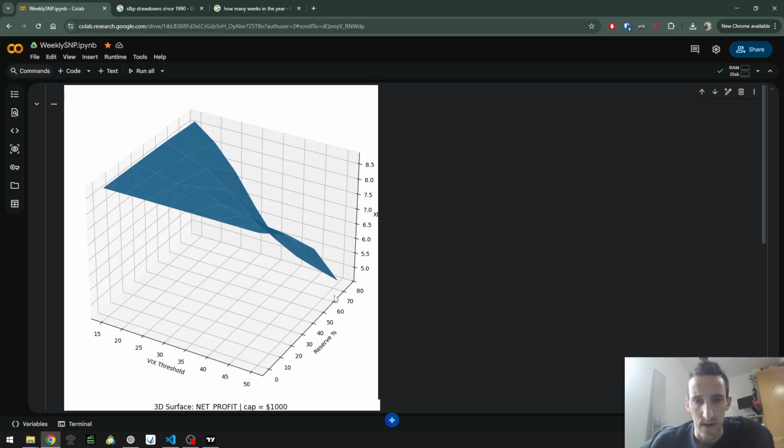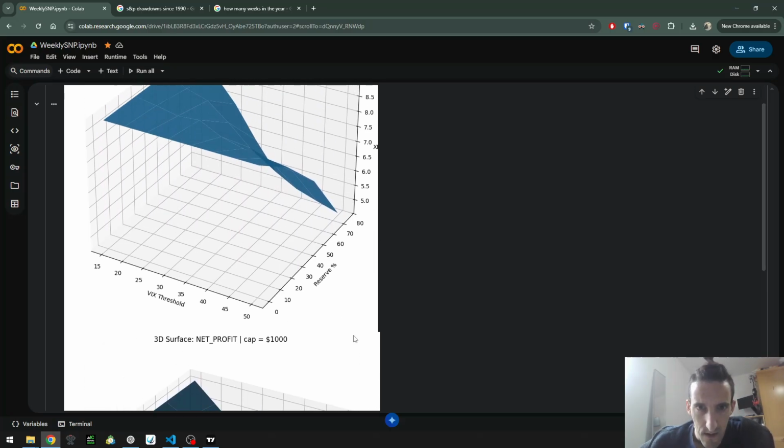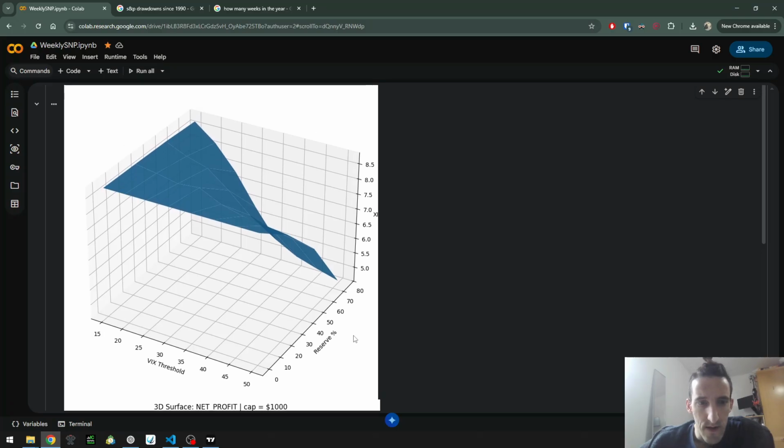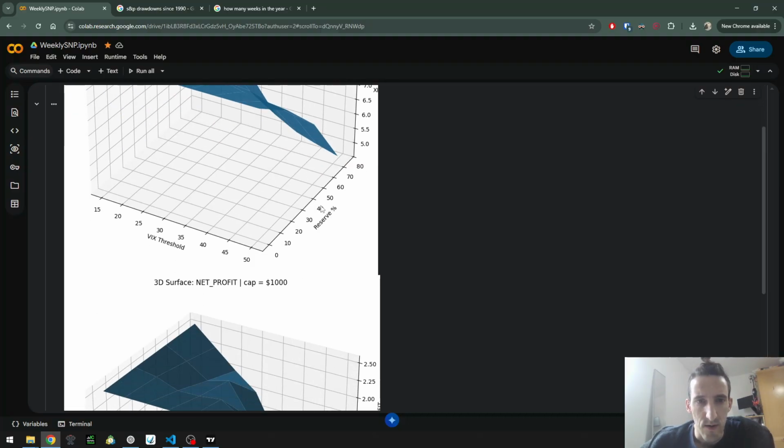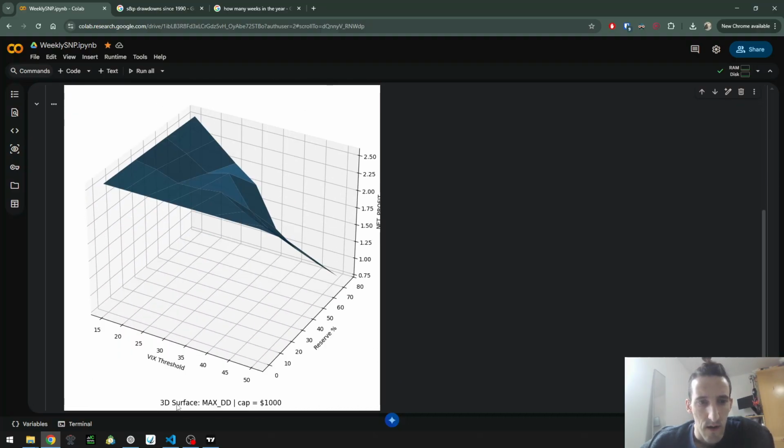Why is this like that? Okay, this is the XIRR. VIX threshold. The bigger, the better. It's a bit annoying. Reserve percentage. Okay.